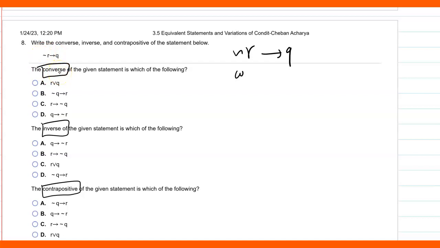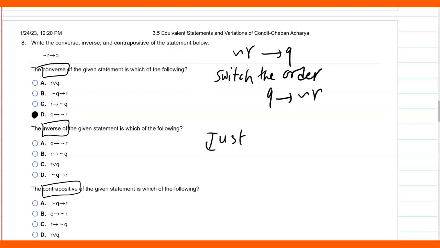Q is going to be first and not R is going to be next. That's the converse. Therefore, the answer is D.